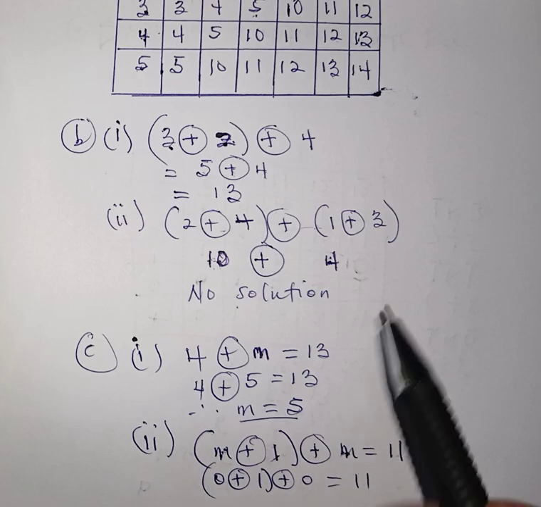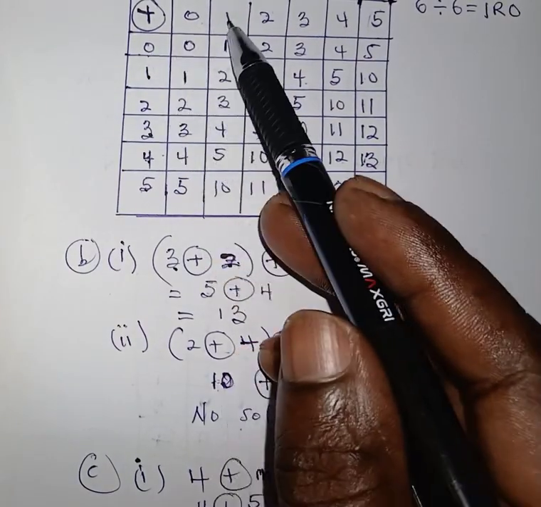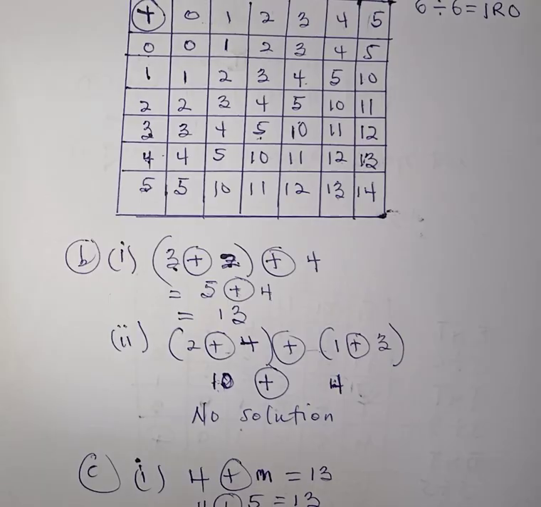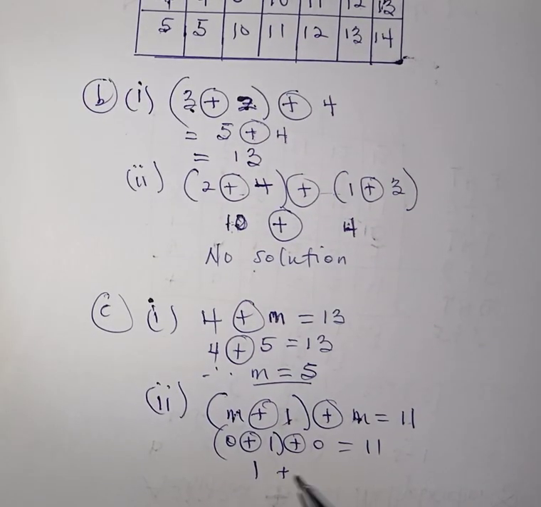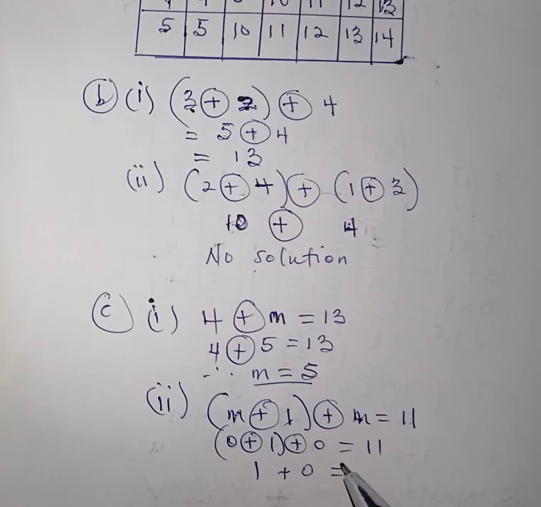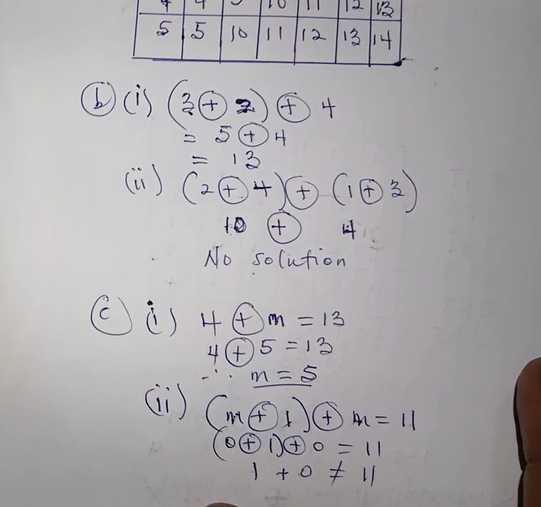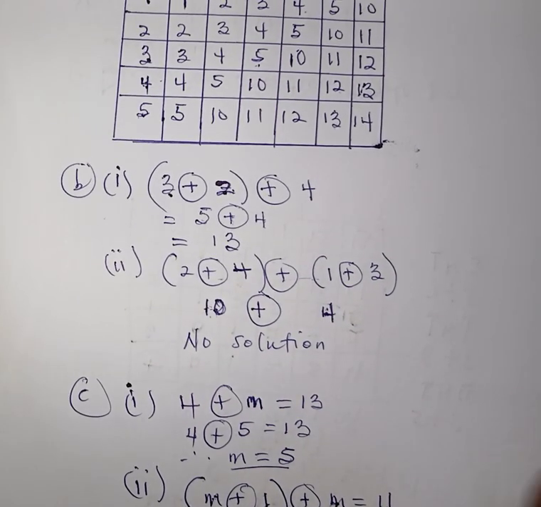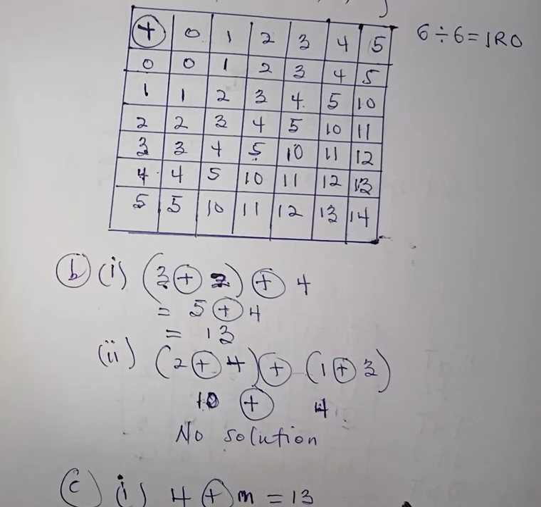From the table, 0 plus 1 gives us 1. Then 1 plus 0 again gives 1. So this is not true. Then we move on and test with 1.